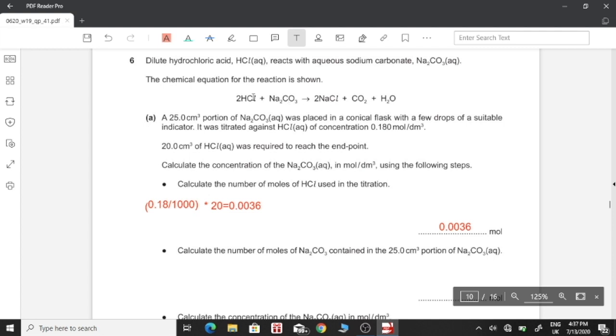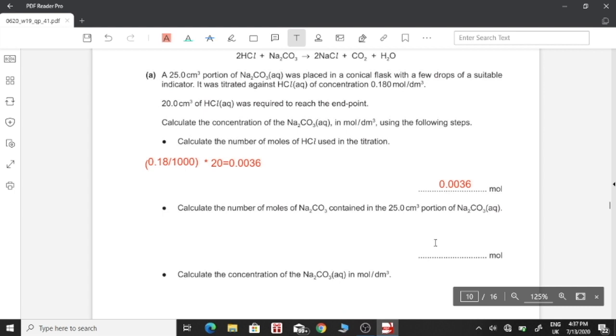As we can see in the question, 2 moles of hydrochloric acid react with 1 mole of sodium carbonate, which means with 0.036 moles of hydrochloric acid, we'll have half the number of moles of sodium carbonate, which is half of 0.036, that is, sorry, 0.018.